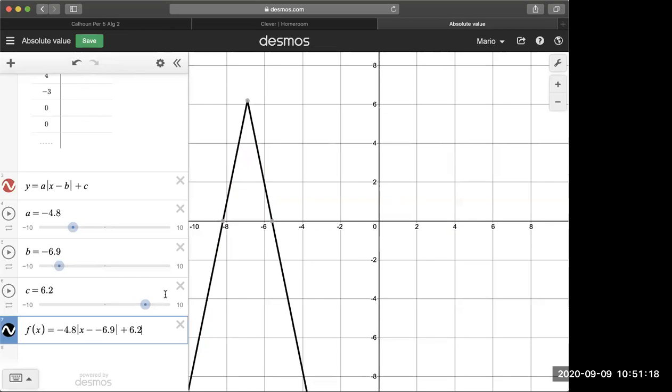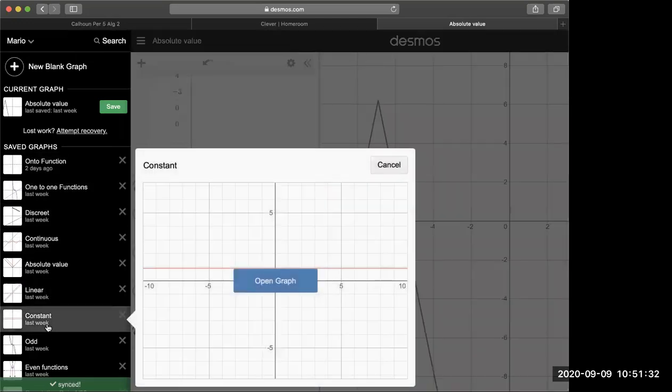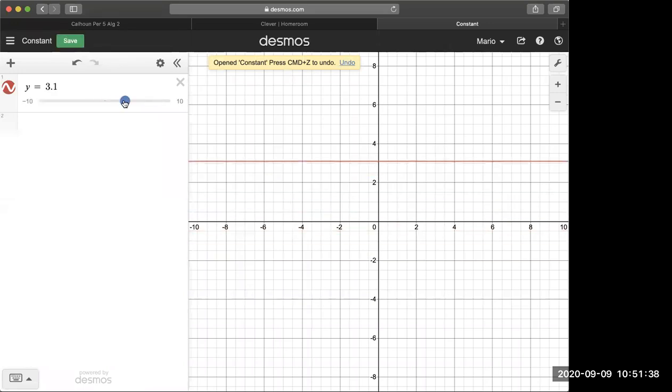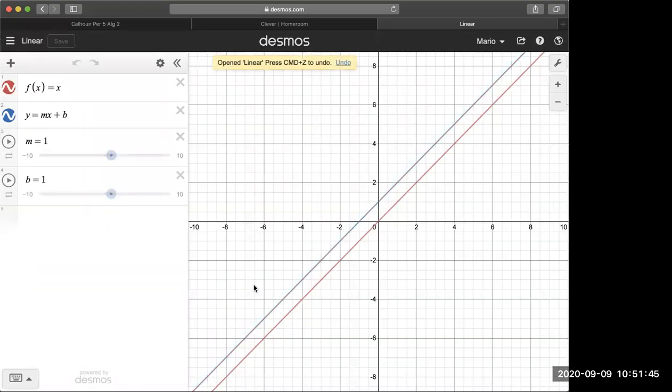Okay, so just to recap our 3 functions: constant is always going to be a horizontal line. Always. Constant functions are always horizontal. No exceptions. Linear functions will never curve.